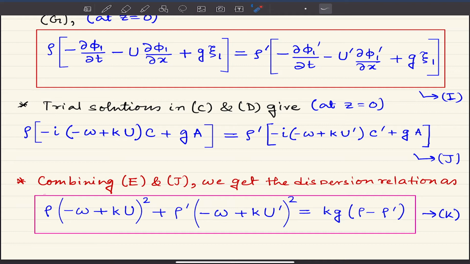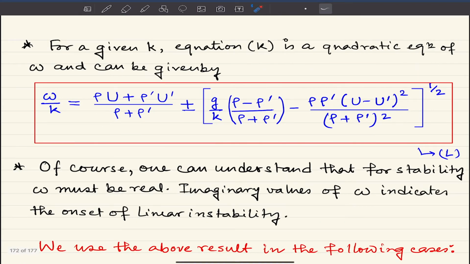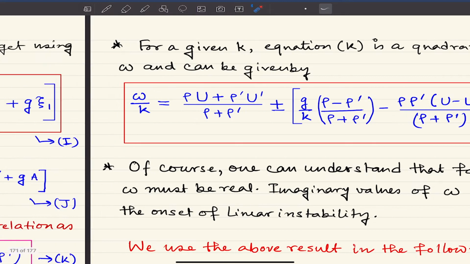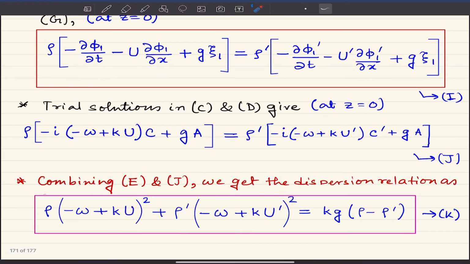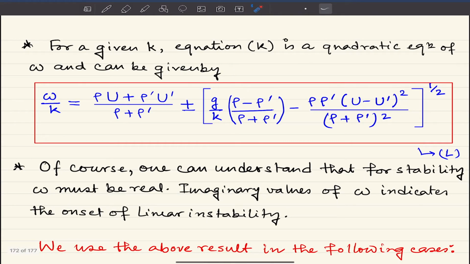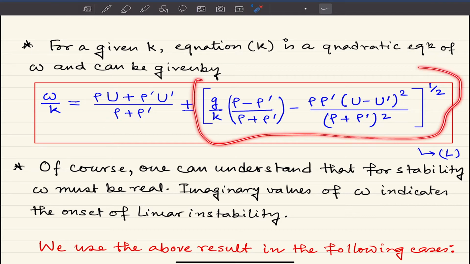If the wave vector is given, then this is nothing but a quadratic equation for omega, and omega can be written in this way: omega by k is equal to rho capital U plus rho prime capital U prime by rho plus rho prime, plus minus this whole factor, g by k times rho minus rho prime by rho plus rho prime, minus rho rho prime times U minus U prime whole square by rho plus rho prime whole square, whole to the power half.